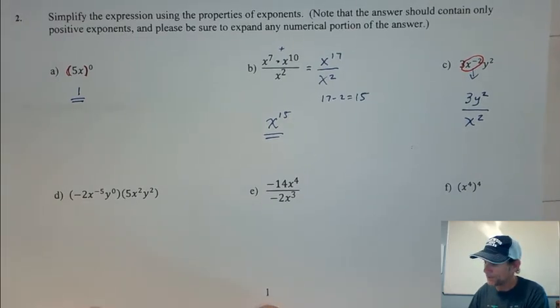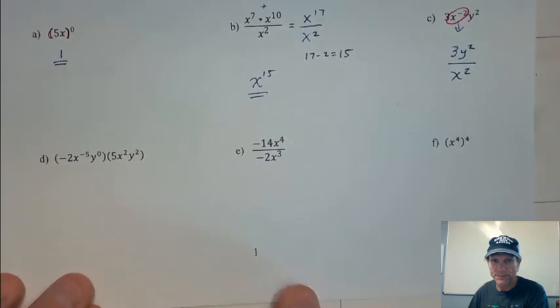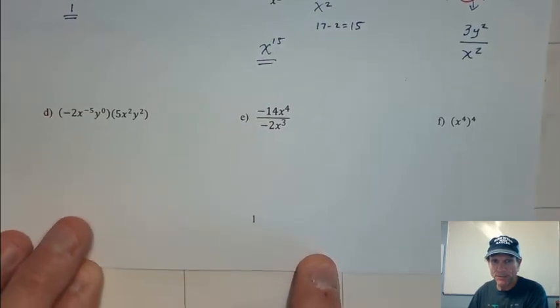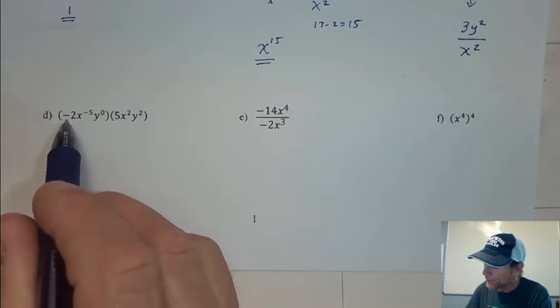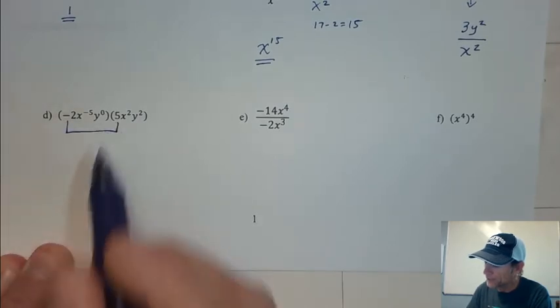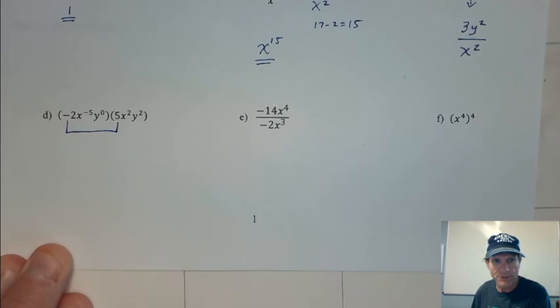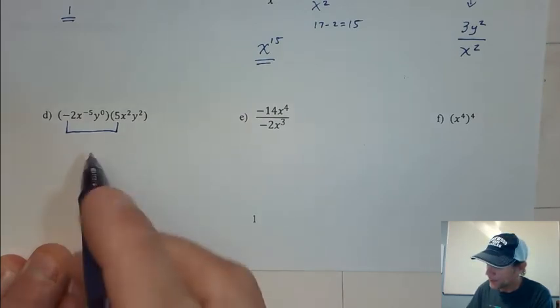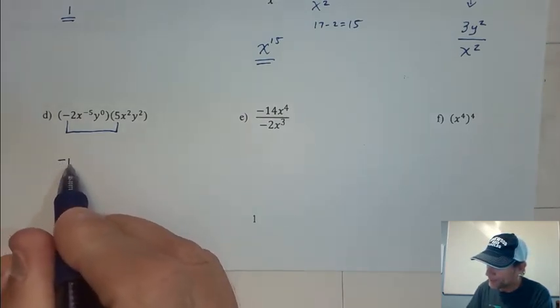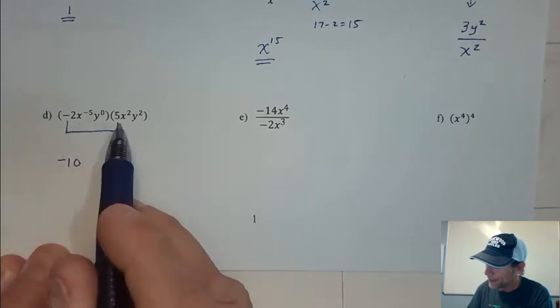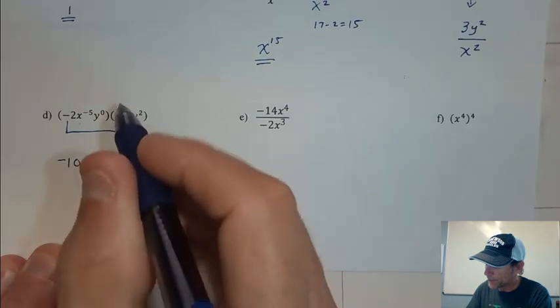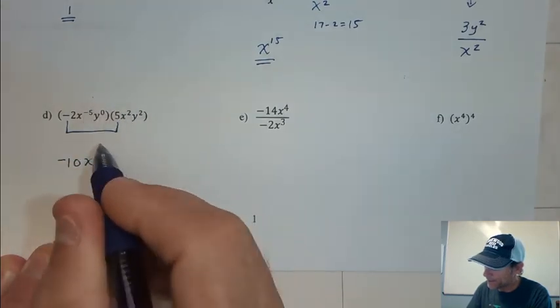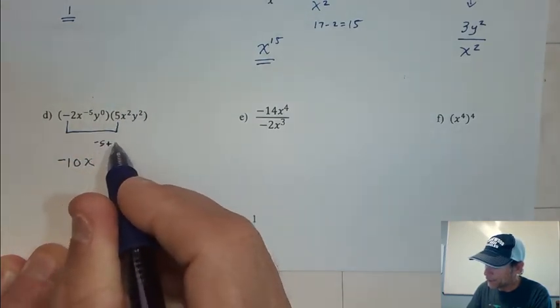Next up, kind of a little longer problem than C, the multiplication problem. What I have here is I'm going to multiply this negative 2 times the 5 for the coefficients on the terms. So I get negative 10. Then I have some x's here, and remember, this is a product, so I'm going to take negative 5 plus 2.